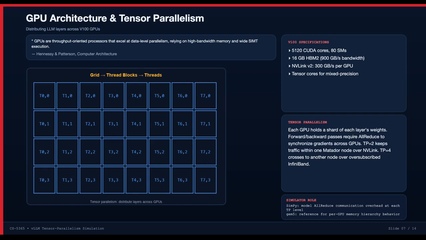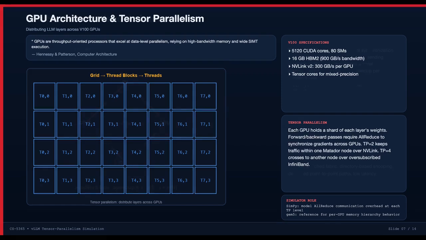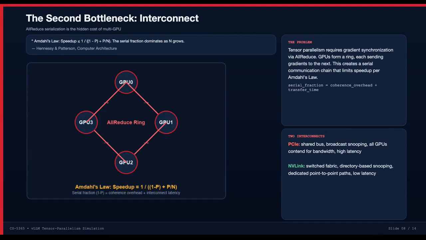So large language models require multi-GPU setups using tensor parallelism, which partitions matrix multiplication across multiple devices. Each GPU holds a shard of each layer's weights, and the forward and backward passes require AllReduce operations to synchronize. So in this slide, a way to demonstrate visually the major difference between PCI Express and NVLink is the interconnect between the GPUs.